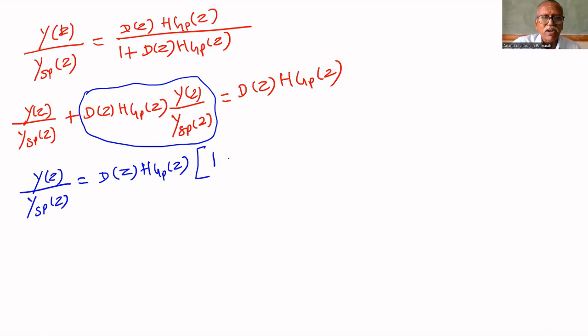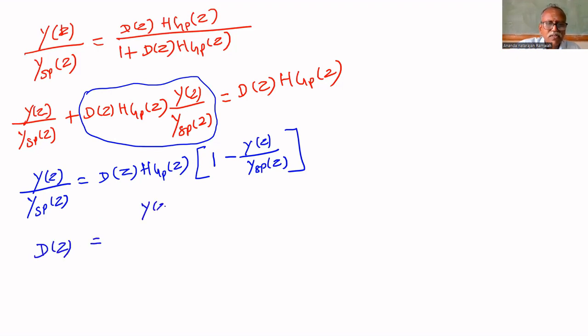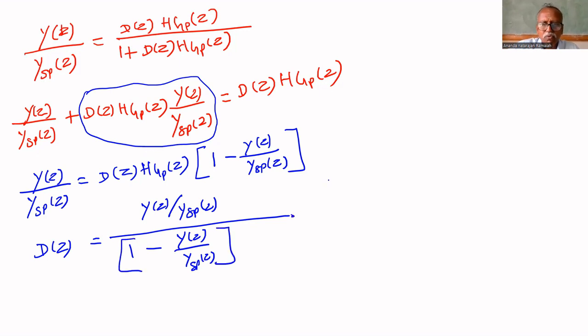What remains is 1 minus Y of Z upon Y set point of Z. What you want is D of Z. Therefore, D of Z equals Y of Z upon Y set point of Z, this left hand side part, divided by HGP of Z multiplied by 1 minus Y of Z by Y set point of Z, that is, multiplied by 1 by HGP of Z. This is the digital controller.